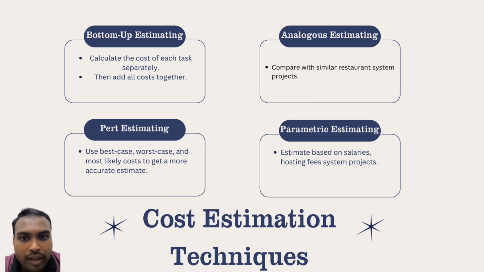Third, parametric estimating, which uses factors such as salaries, hosting fees, and software costs. Finally, PERT estimating, which considers the best case, worst case and most likely cost to produce a more accurate estimate.